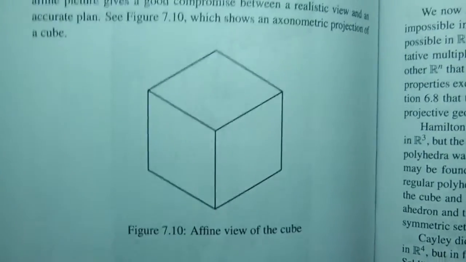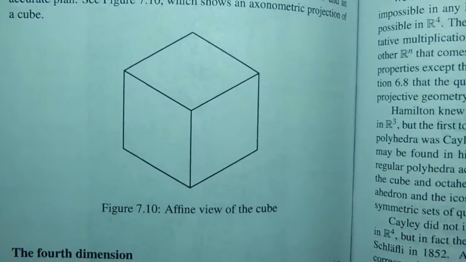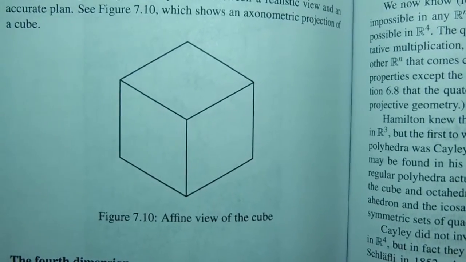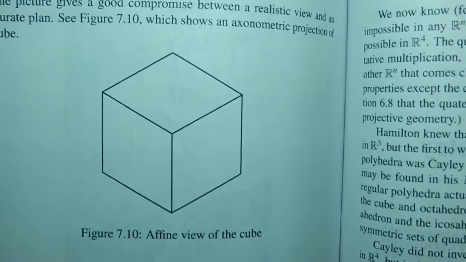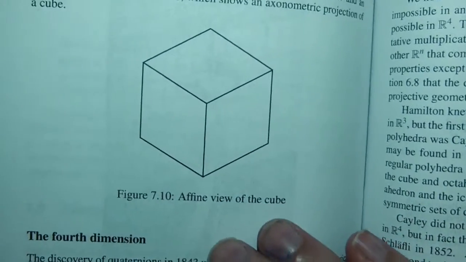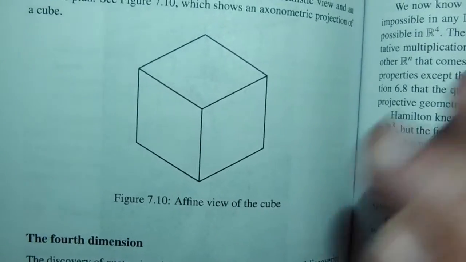The point is that just like affine geometry is kind of a compromise between the rigidness of Euclidean geometry and the complete floppiness of projective geometry, an affine view is a compromise between realistic drawing and one that's totally unrealistic but maybe looks good.